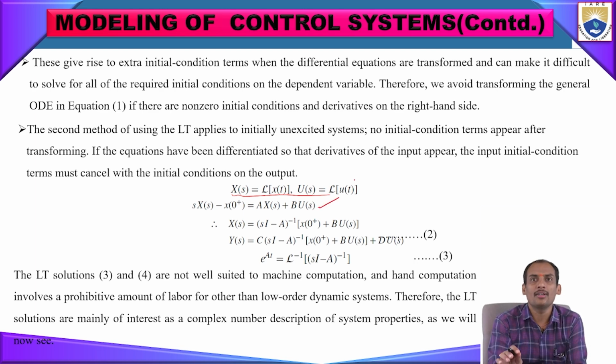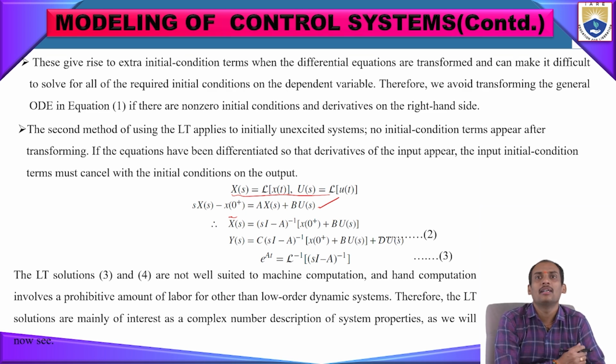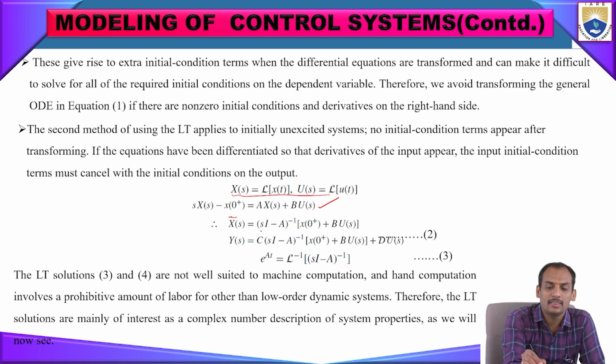So x of s will be equal to, if s is going to that side, (sI minus A) inverse into x of 0, plus, with the other term going to that side, B into u of s. Here we are making the total equation.